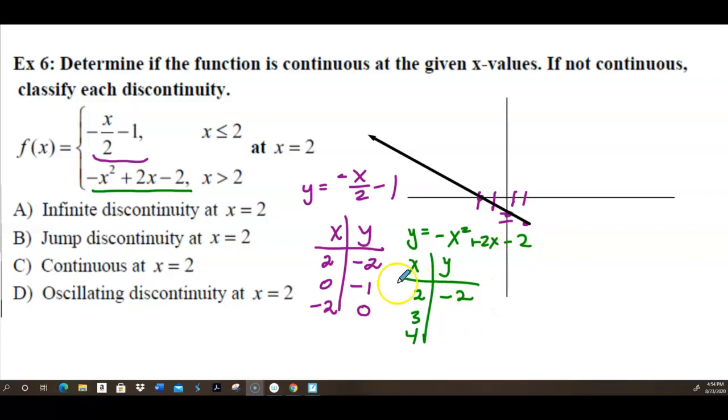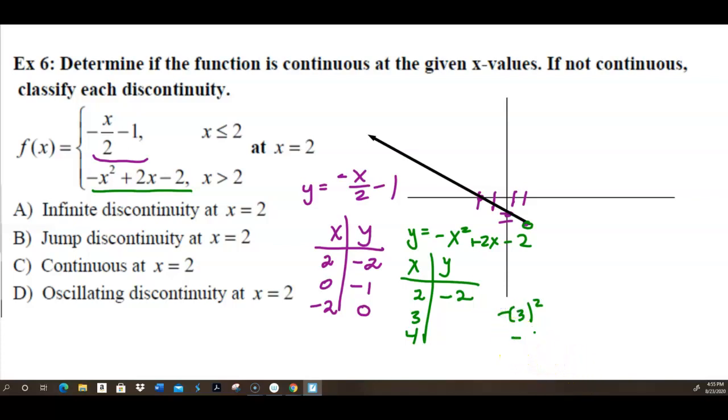Now this 2, negative 2 is going to be an open circle at this same place that the other graph was. And so there's not going to be a break in the graph. If I take 3 and plug it in, here's just an Algebra 2 reminder: you're going to take 3 and square it and then make it negative.